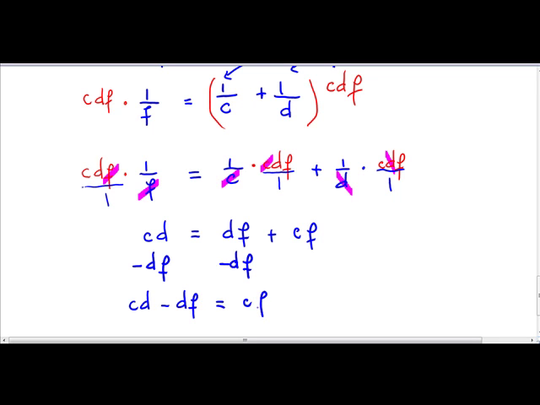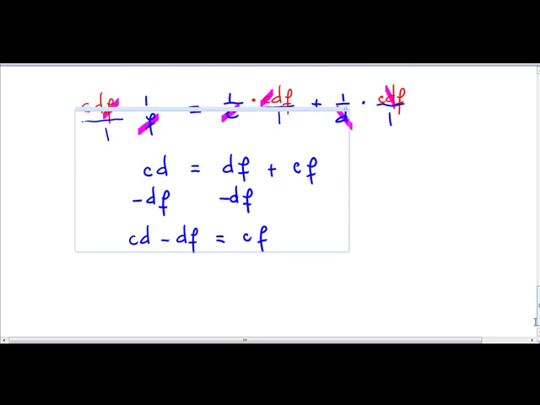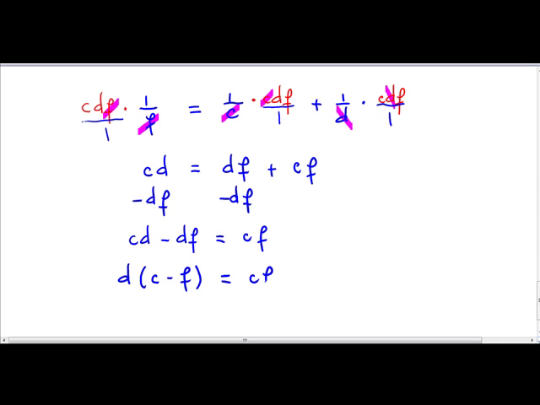So now we have both terms that have d on the same side that we want. Now because I cannot really subtract these two terms, the only way to solve for d is to factor out the d. And to solve for d, we'll divide by c minus f, c minus f.